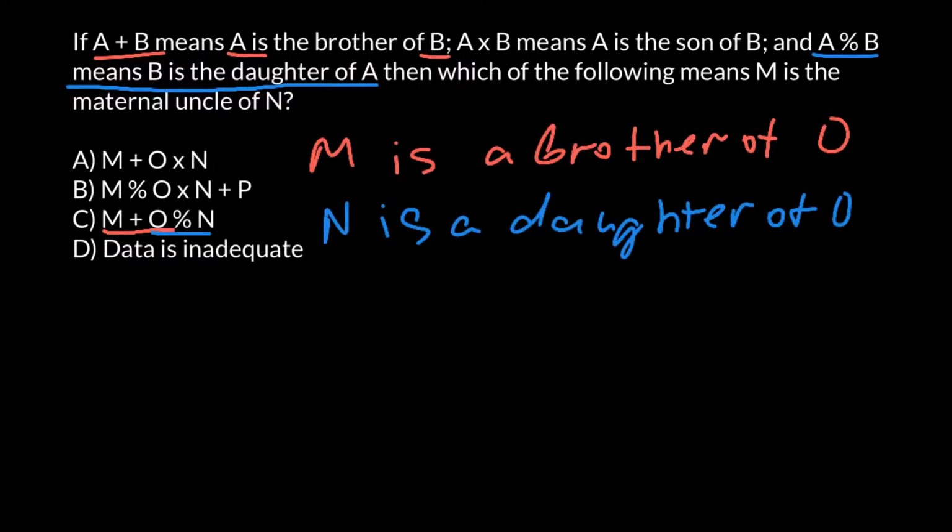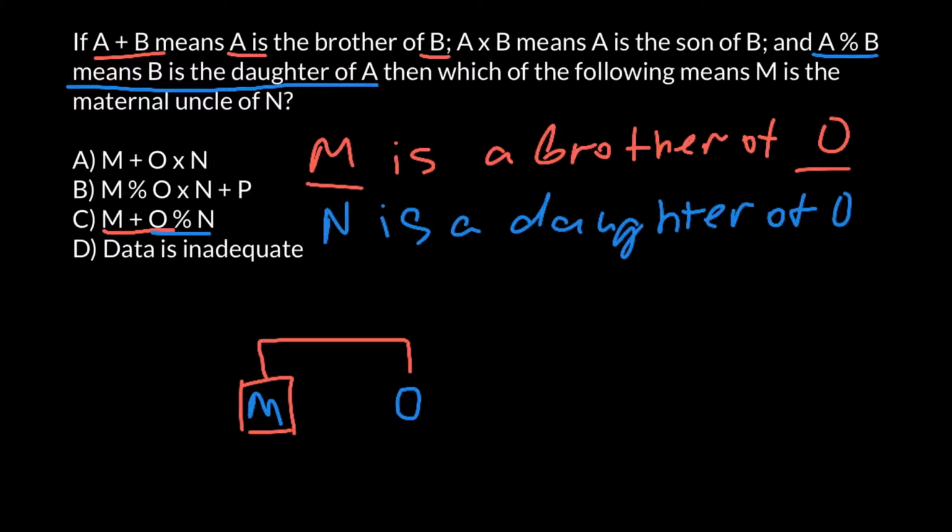So now let's build a pedigree. What do we have? M is a brother of O, so we connect M and O, but the gender of O is not specified.